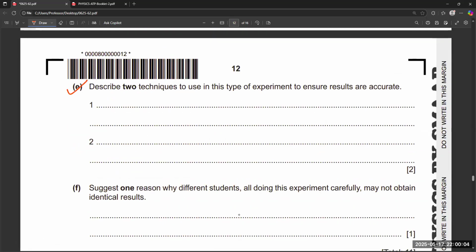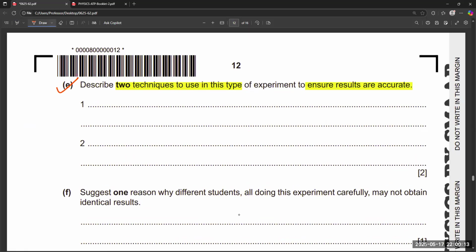Okay. E part, describe two techniques to use in this type of experiment to ensure results are accurate. So this is also a repeated idea. You will also find the answer to this question in that short notes. There are different options.